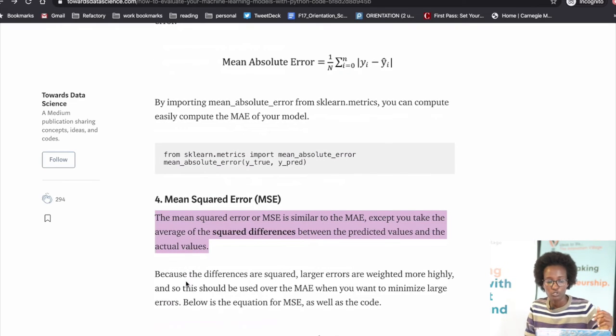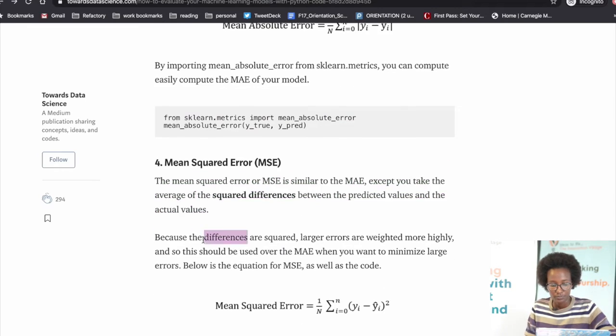Then there is also mean square error. Mean square error is similar to mean absolute error, except that you take the average of the squared differences between the predicted values and the actual values. So instead of just taking the absolute difference, you take the squared differences between the two, okay? Because the differences are squared, larger errors are weighted more highly.